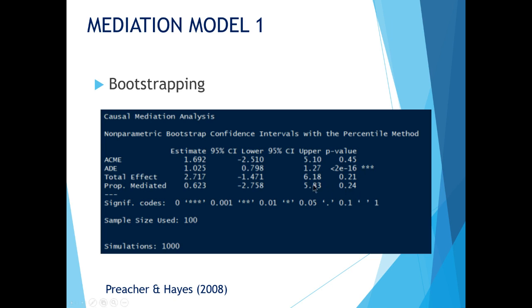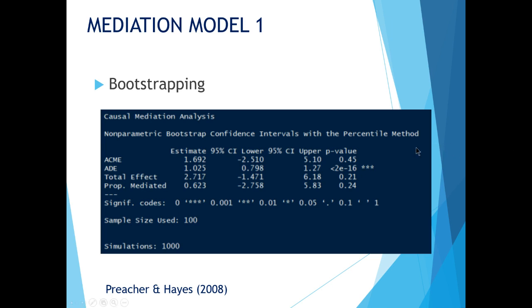And so when we run bootstrapping, which is very well explained by Preacher and Hayes in their article, it's a resampling procedure that does not assume normality of the sampling distribution. So it repeats the process thousands of times, or you can see down here on my simulations, here it was 1,000. And confidence intervals are then constructed.